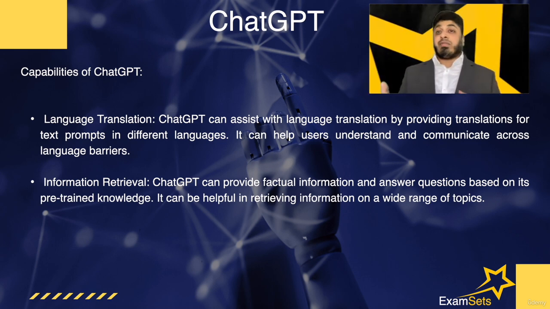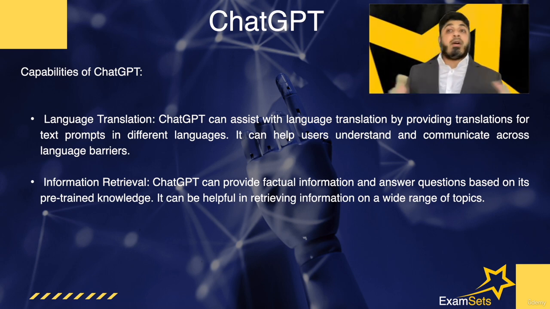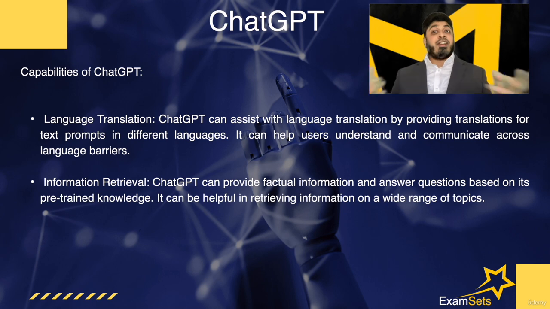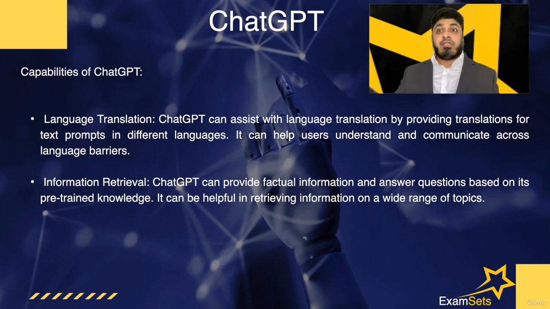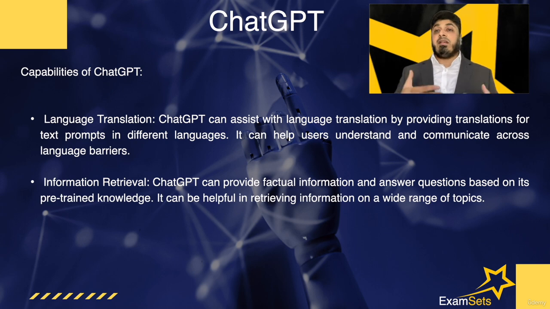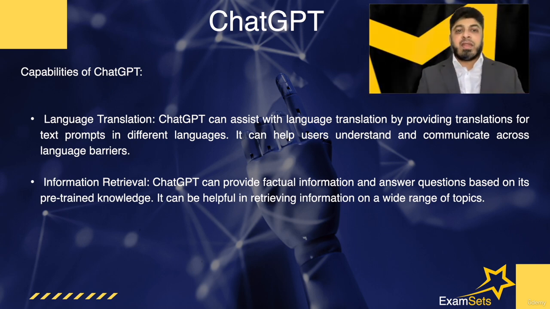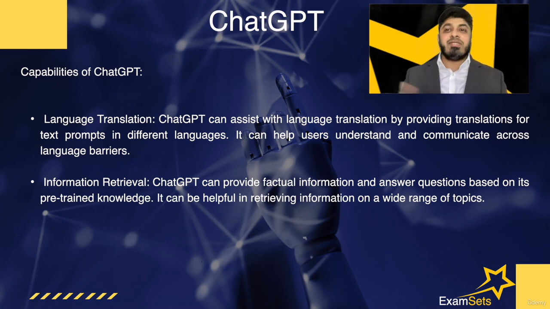If I ask how to say hi, how are you in Arabic, German or Russian, it's going to give that. Similarly in Chinese, it can help us translate and effectively communicate with the other person in Chinese or any language.